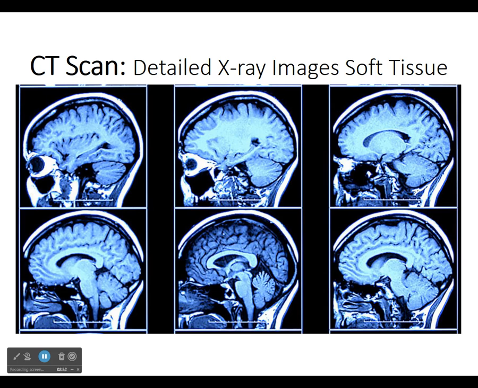So the CAT scan or CT scan will be useful to tell us anything about structure or potentially location, but does not tell us much about function and activity. CT scans are commonly used if we are looking at where the brain is damaged or perhaps looking for where a tumor might be present.